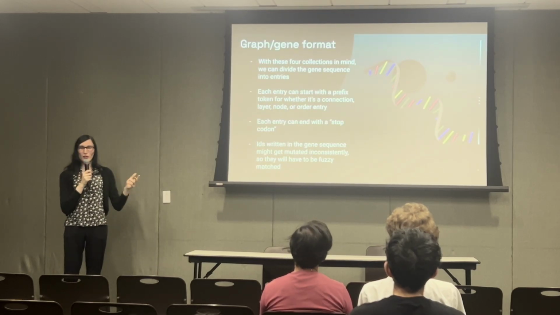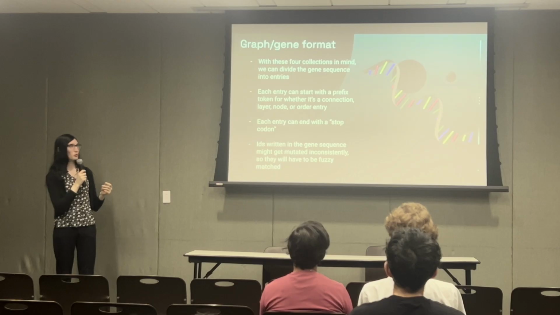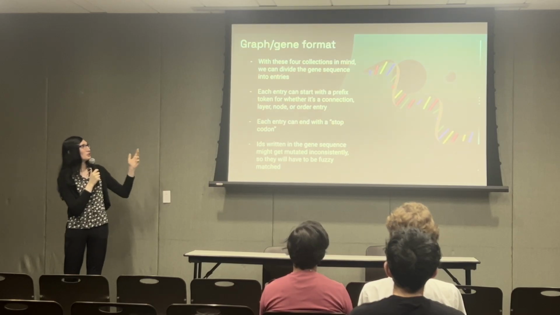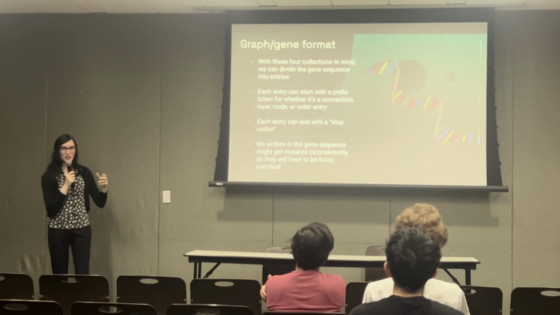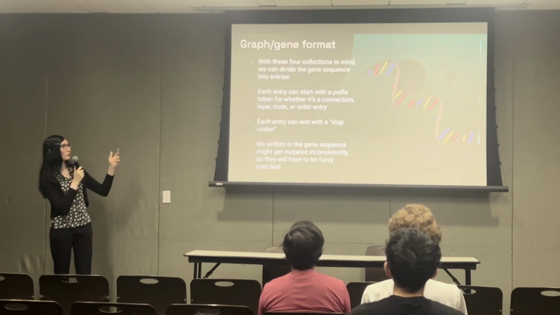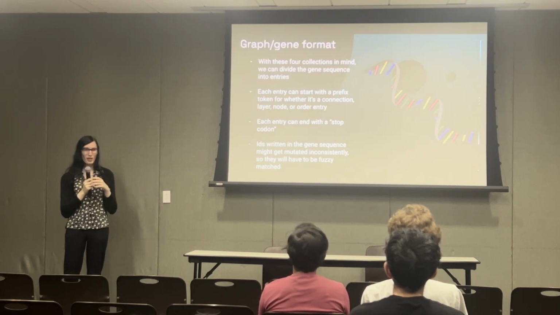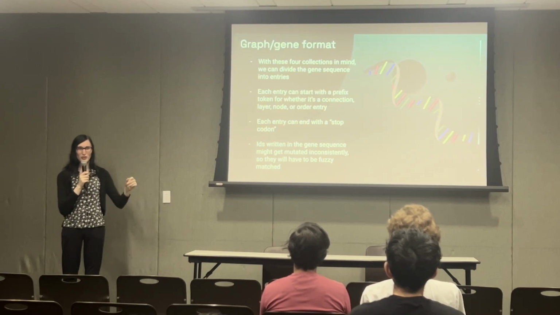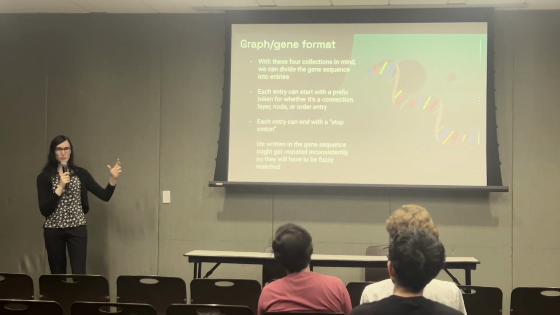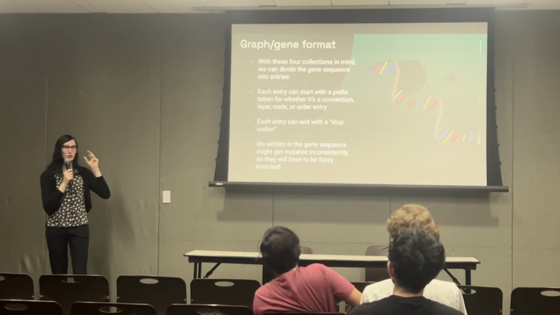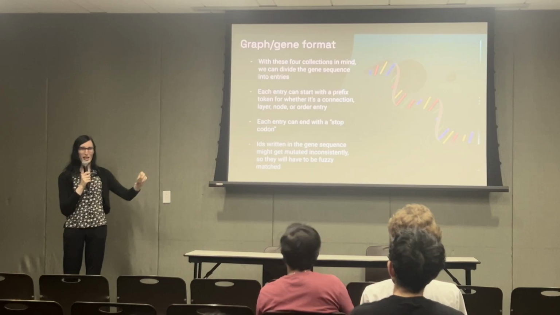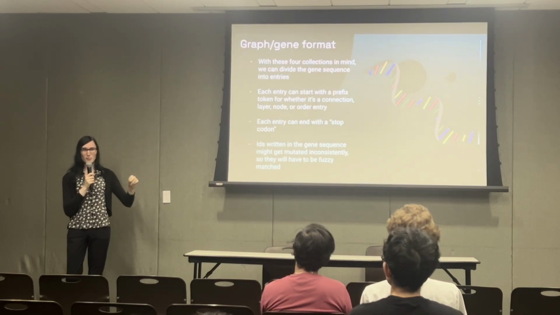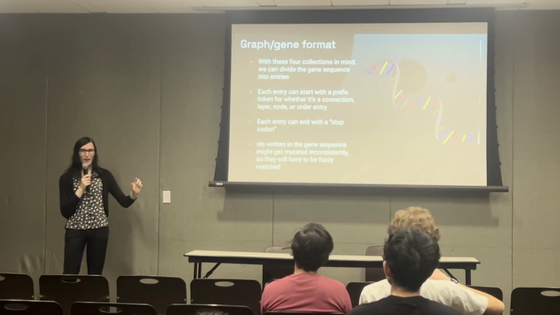So, given these 4 collections, we can design a gene sequence based on this that's divided into 4 types of entries. The genes in your body have start and stop codons that tell transcription proteins when to start making an RNA and when to stop making that strand of RNA.